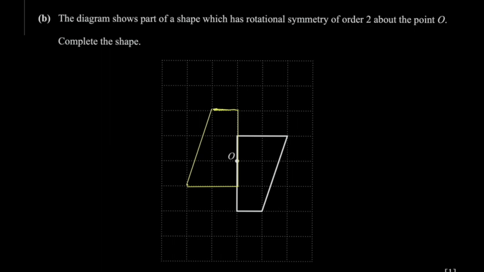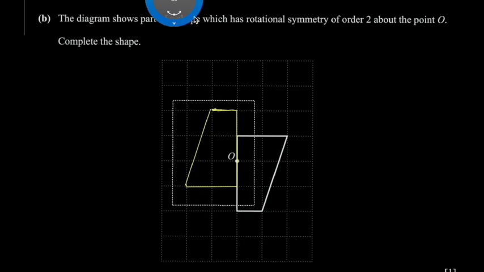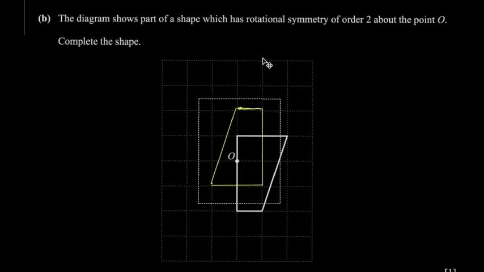Okay, so let me see if I can select the outline of this shape here. Okay, so this one was here. Let me see if I can rotate it with you seeing.